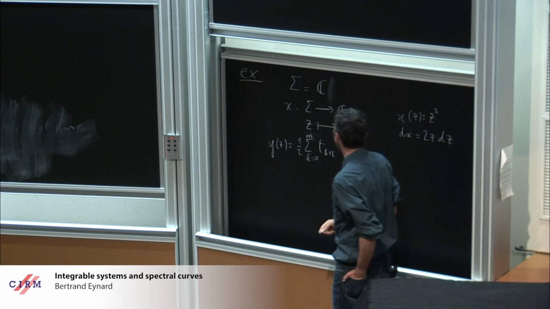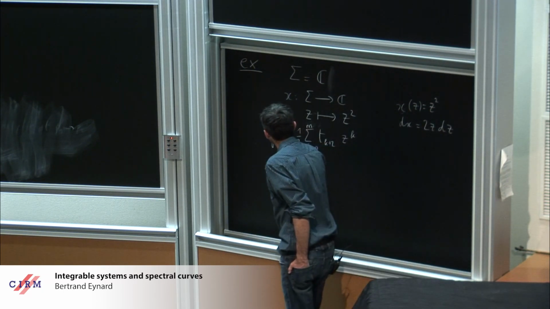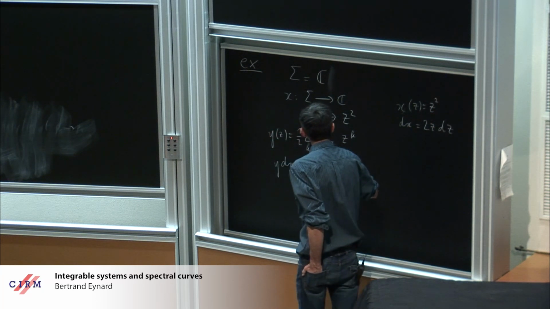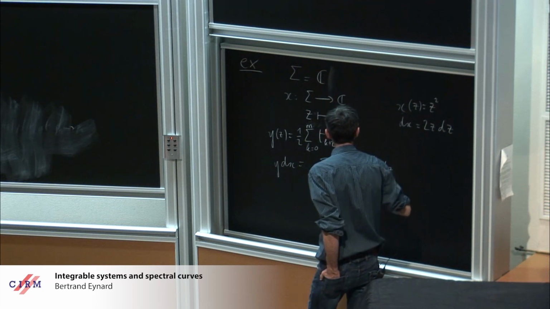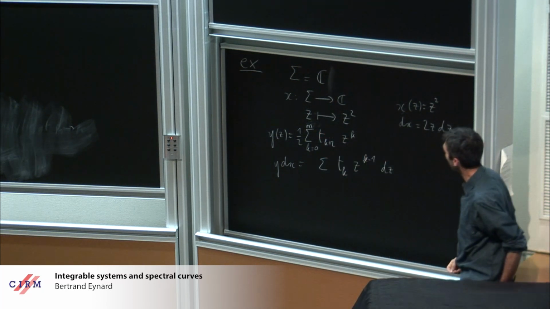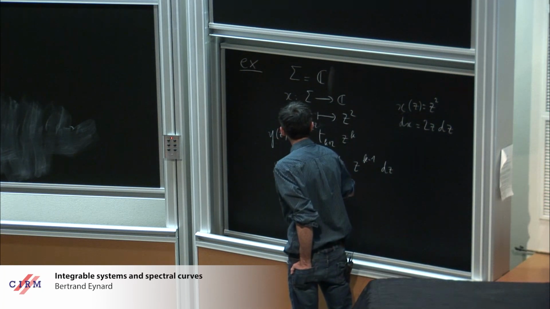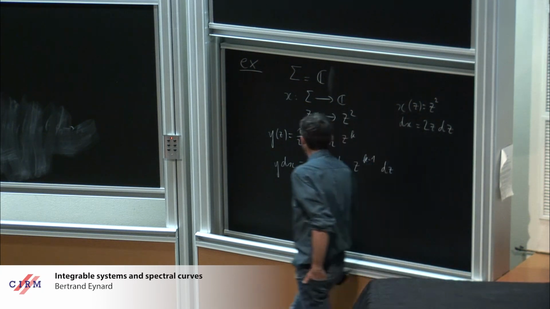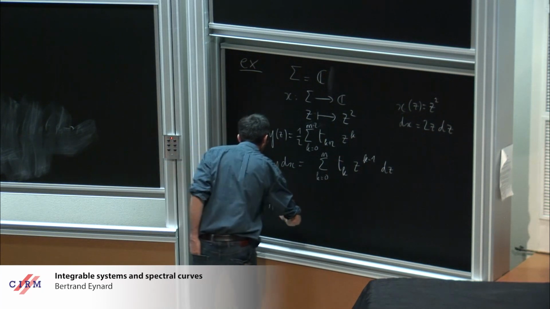Let's call it m minus 2. So that y dx, the one-form y dx, is the sum of t_k z^(k-1) dz. Okay, and let's take the B, B of z1, z2.